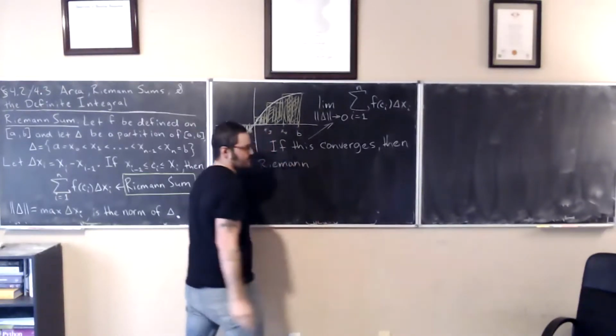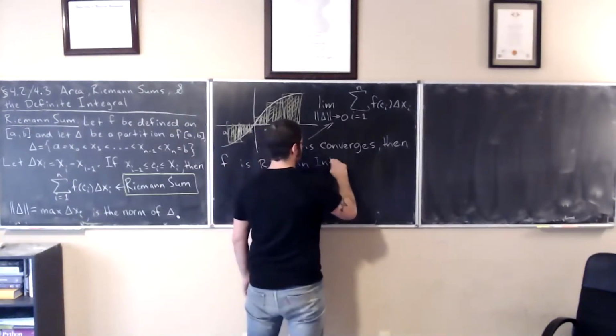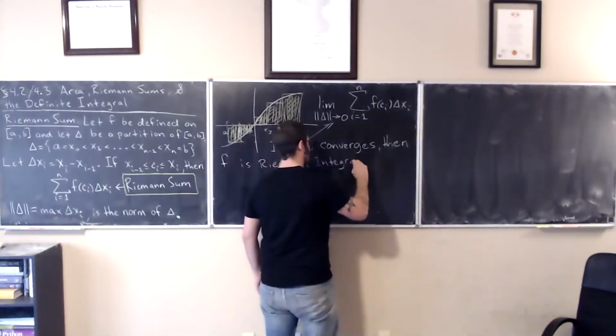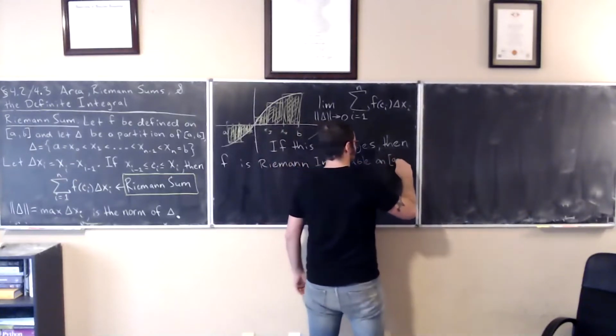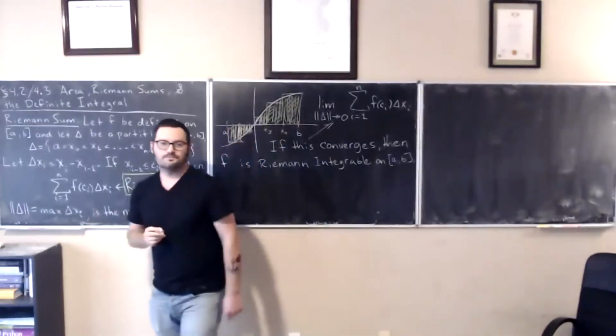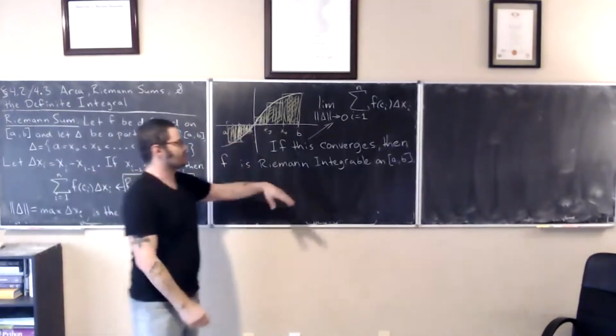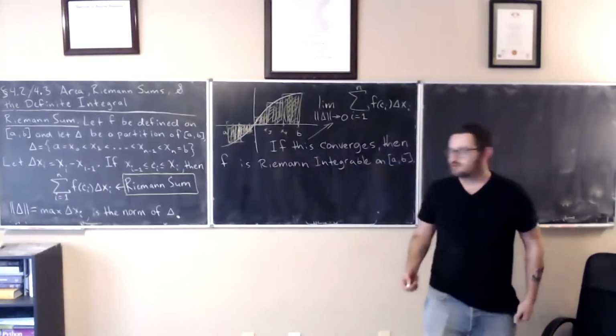And for the purposes of this class, we're just going to say integrable. Okay, so if that limit exists, if this sum converges to some numerical value, we're going to say that the function is Riemann integrable.